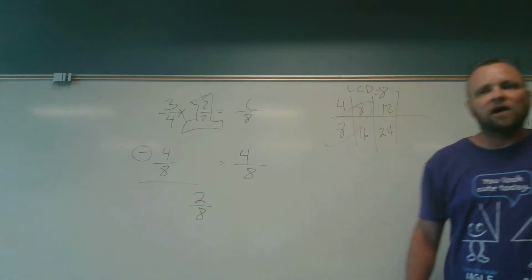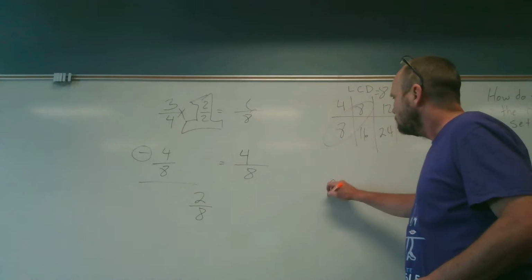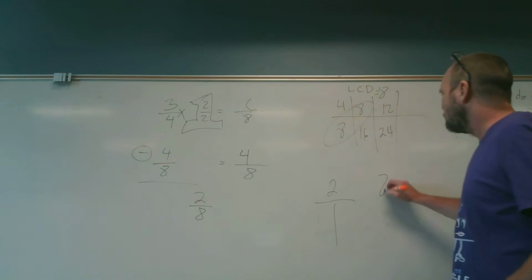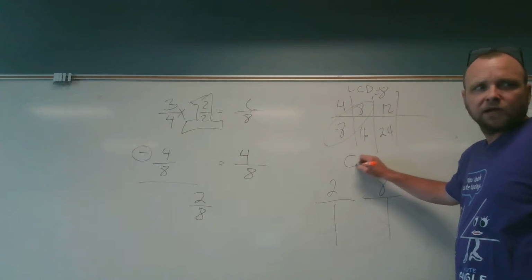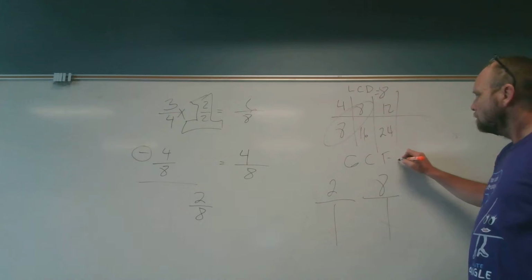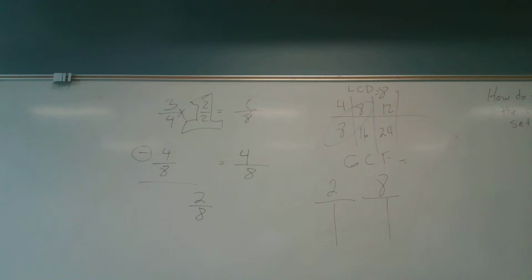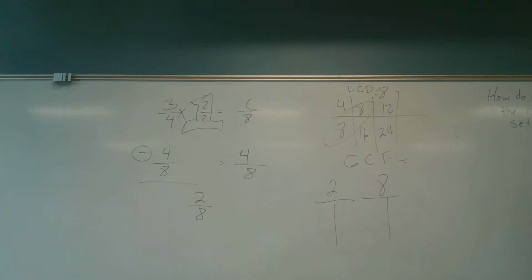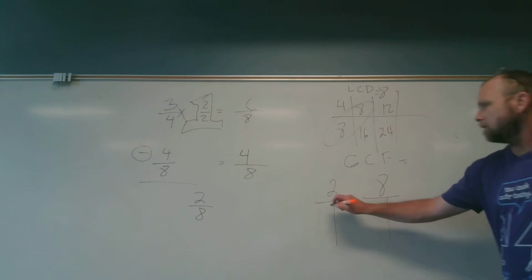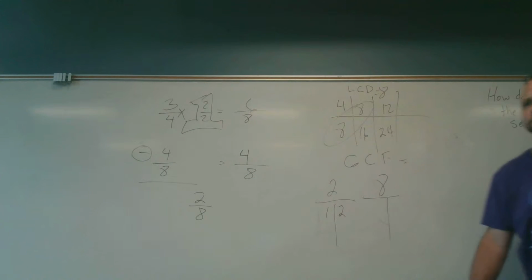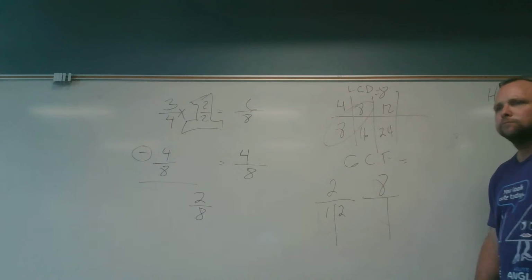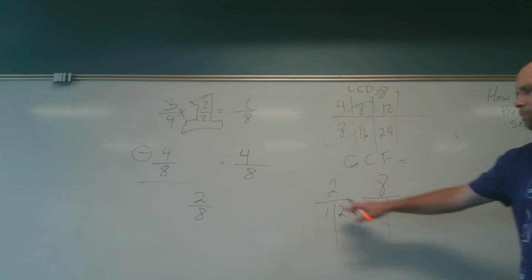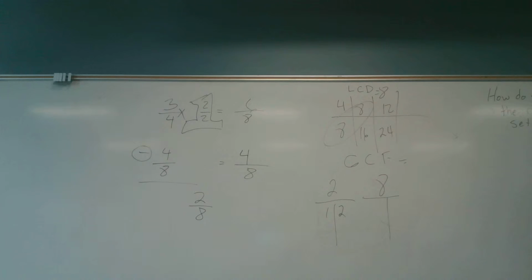Now we need to simplify 2 eighths. So we need to find the greatest common factor between 2 and 8. Our factors of 2 are what, Jacob? 1 times 2, and 2 times 1, the same two factors.